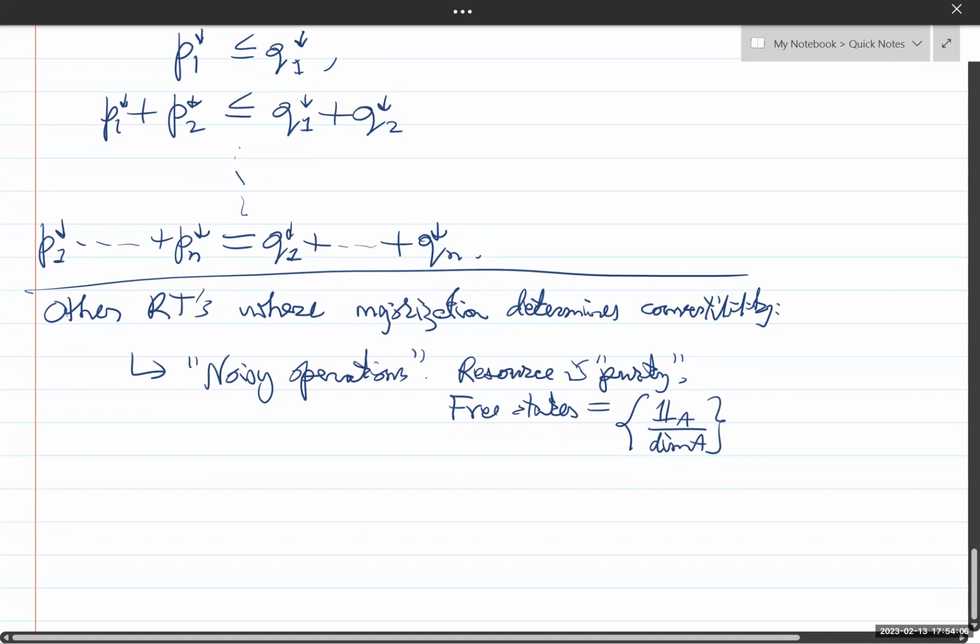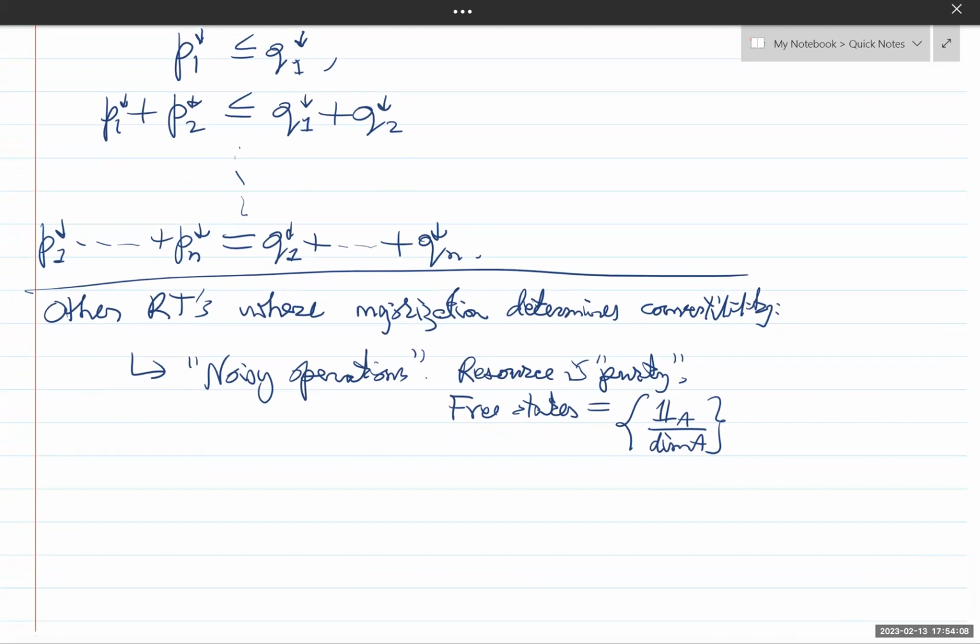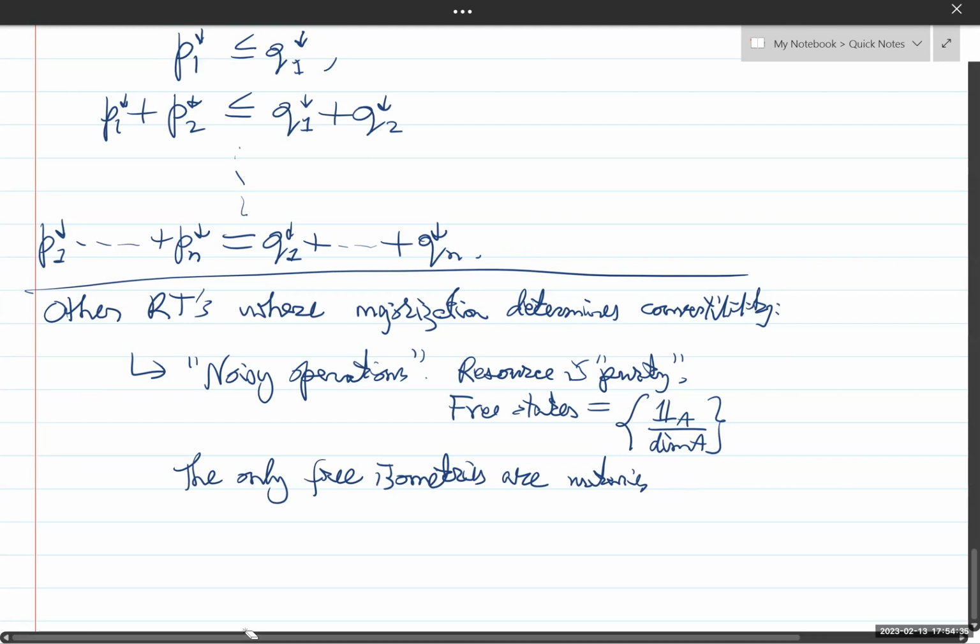So you're not even allowed to just embed a given state in a larger Hilbert space. The only free isometries are unitaries, and just unitaries, right?